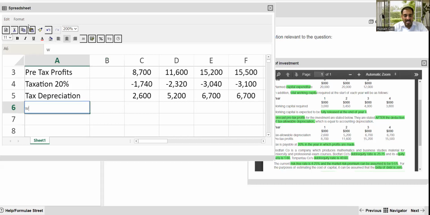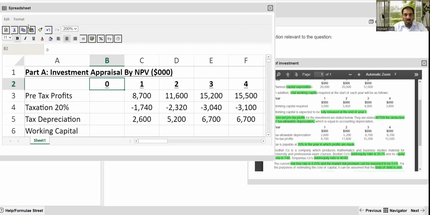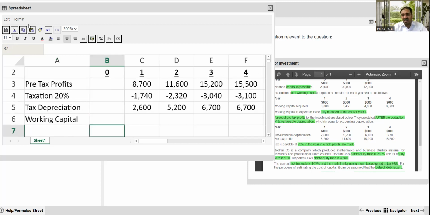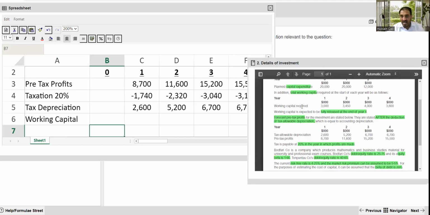Tax depreciation. Then working capital, very simple working capital. If you want to make a separate working, I don't think so. Here it's very simple. You require the incremental working capital, but the question mentioned total working capital. In addition, working capital is required at the start of each year. Start of each year means year 1 start is year 0.